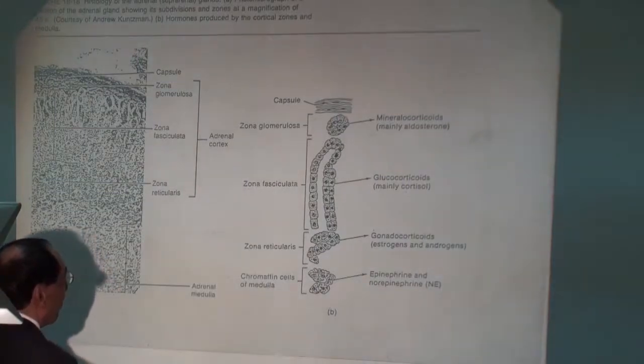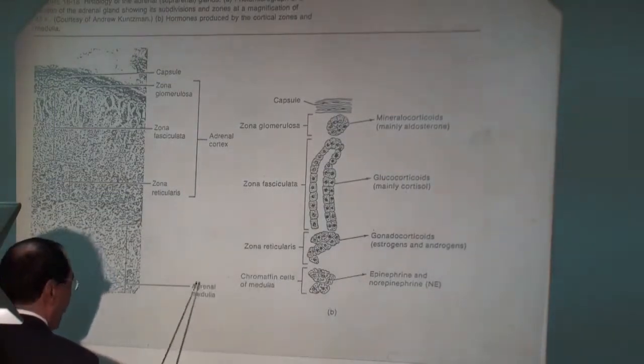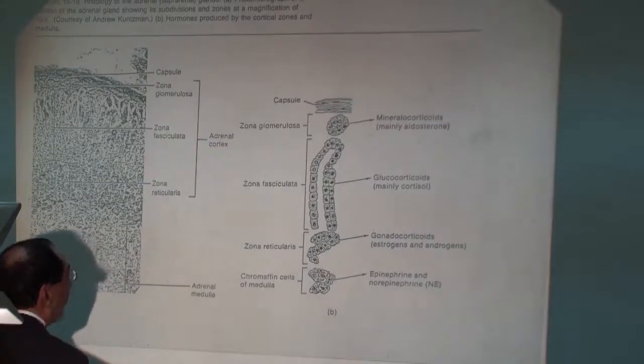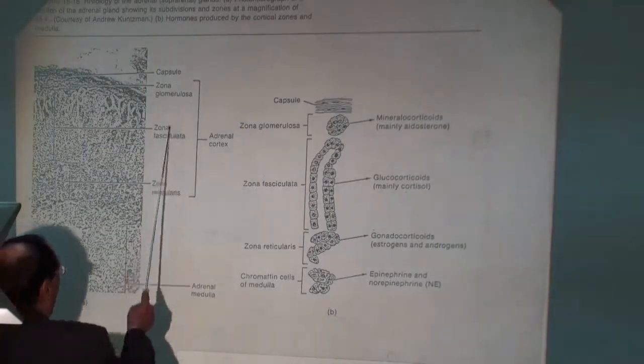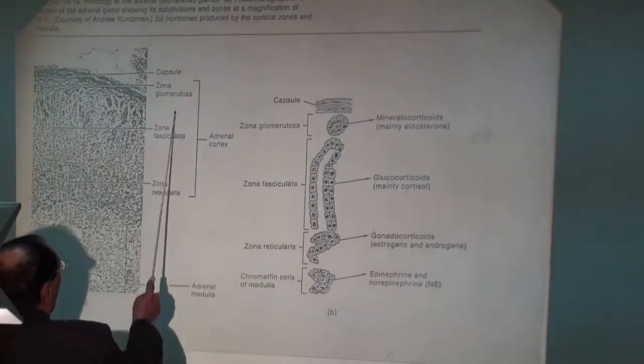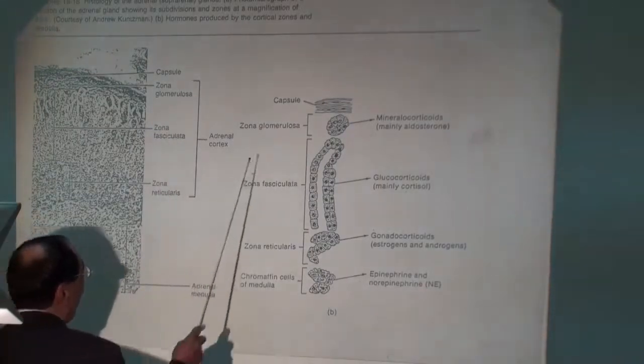This is the section from the adrenal gland. The adrenal medulla produces catecholamines: adrenaline, noradrenaline, and dopamine. But the adrenal cortex is composed of 3 zones.